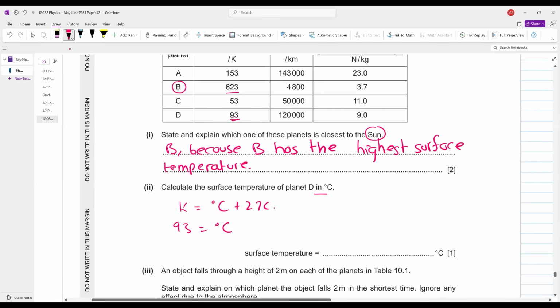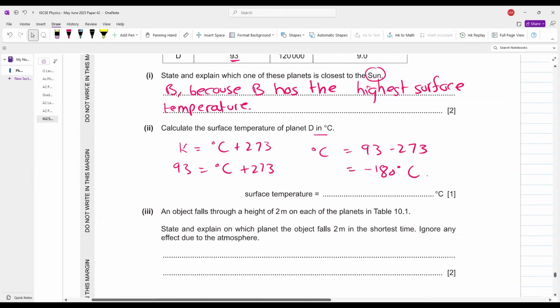You have to calculate degree centigrade plus 273. Can you calculate degree centigrade? Yes, 93 minus 273. What is this temperature in terms of degree centigrade? This comes out to be negative 180 degrees centigrade.